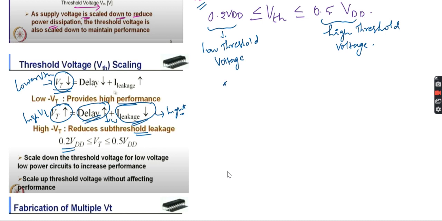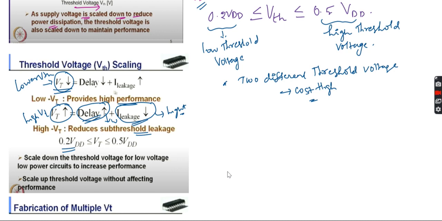But what about the cost? If we need two different threshold voltages, then the cost to fabricate the ICs will be high.